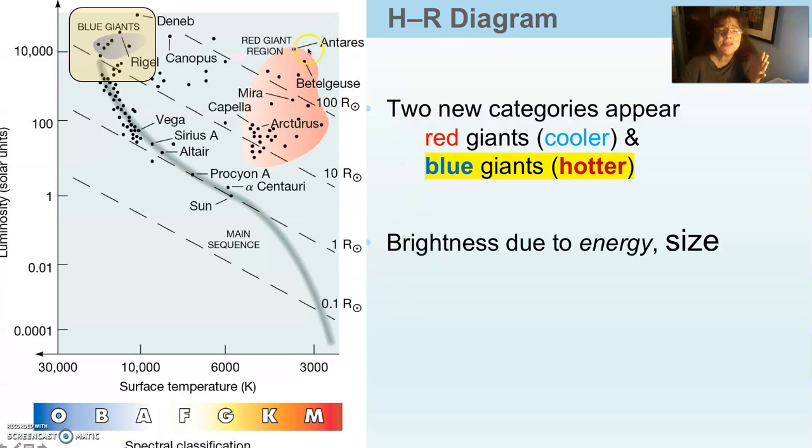And so these are some of the supergiant stars that are in the thousands of radii bigger than our sun, like Antares. And you actually looked at Antares in your lab when you looked at parallax for the brightest stars in the sky. So many of you looked at Antares for that. The brightness is due to the amount of energy it's putting out, and it's due to the size, so that you have this very luminous region up here, and you have these very big radii up here.